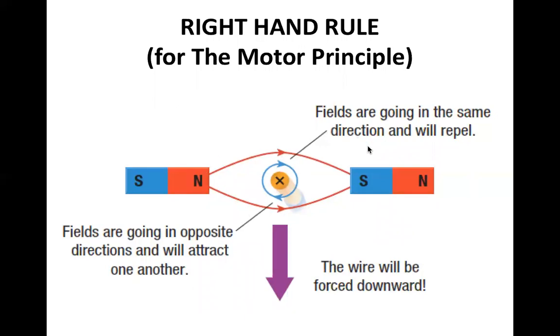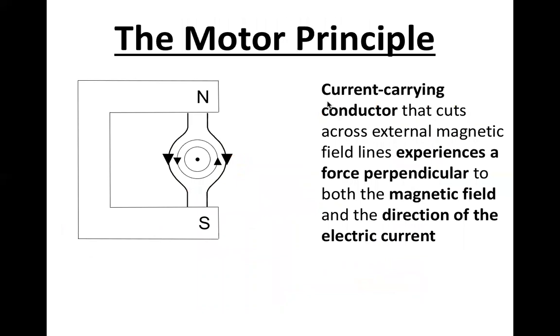But if we were to change both the magnetic poles and the current direction, then the direction would be down. So there's all these different combinations of the direction of the magnetic field lines, the current, and the force. So the formal statement of the motor principle is that the current carrying conductor that cuts across external magnetic field lines experiences a force perpendicular to both the magnetic field and the direction of the electric current.